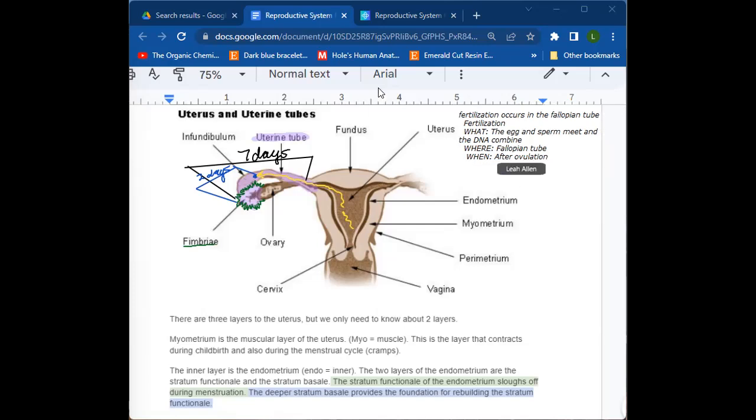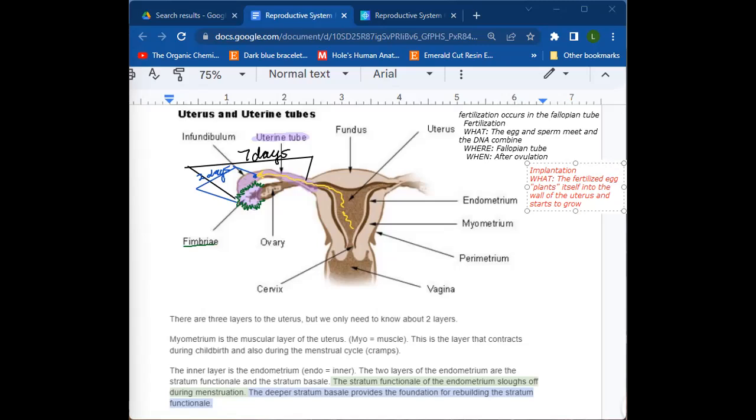We need to know that this is totally different than implantation. Many people get confused between fertilization and implantation. Implantation, first of all, is when the egg's already been fertilized. The fertilized egg plants itself into the wall of the uterus and starts to grow. Think about a seed that's drifting in the wind, and then it lands on some fertile soil and starts to grow roots in the ground.